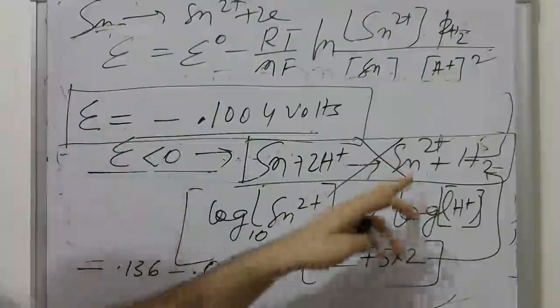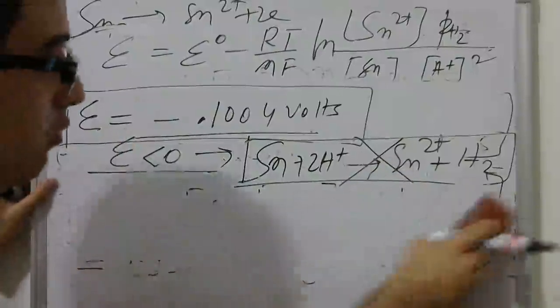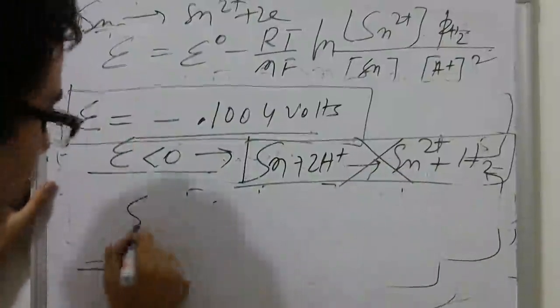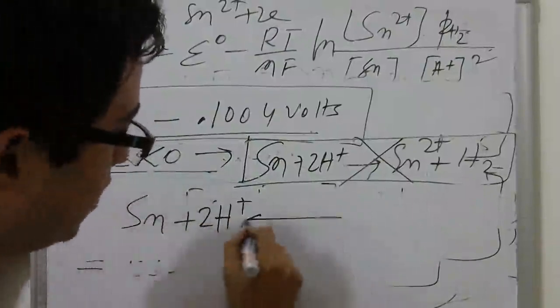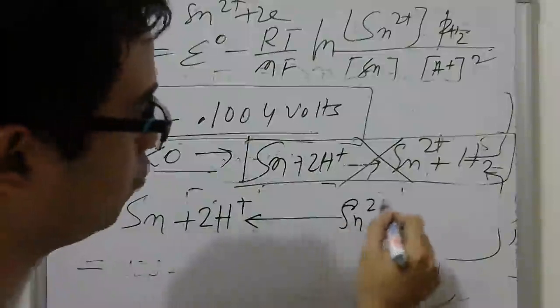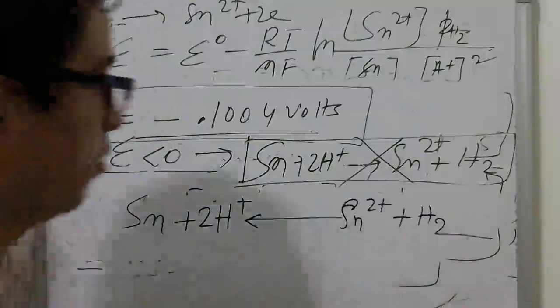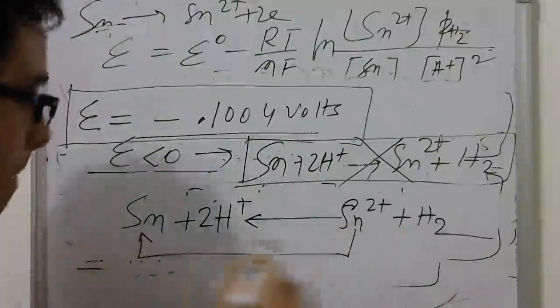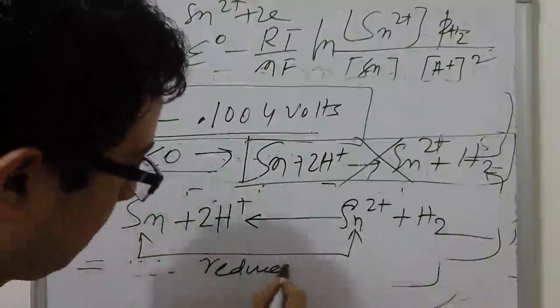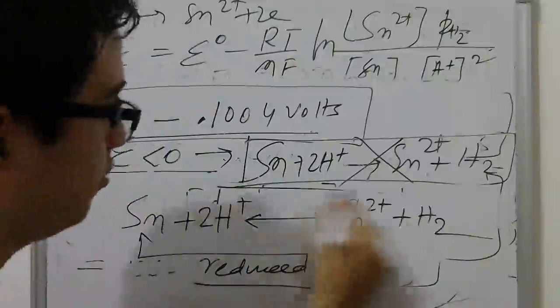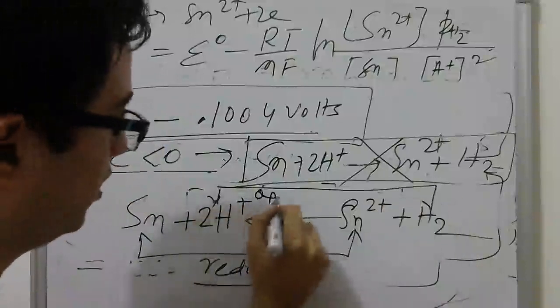That means now Sn2+ plus H2 gives Sn plus 2H+ is true. So Sn2+ is being reduced, hydrogen is being oxidized.